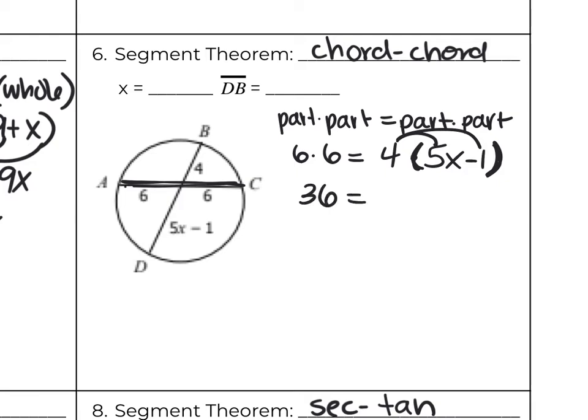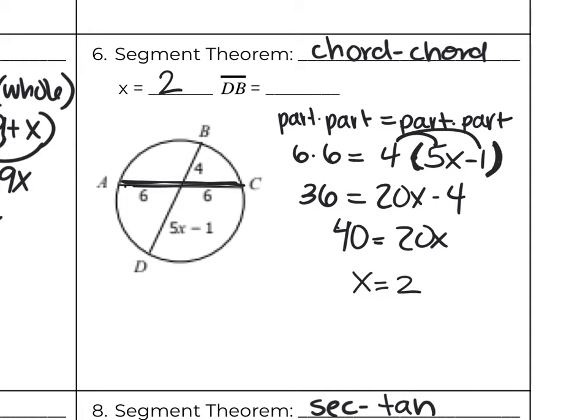Kyle, what's that right side going to distribute to? 20x minus 4. Good. Okay, add 4, so that's 40 equals 20x. So what times 20 equals 40? 2. All right, now it wants dB. So what should I do first?